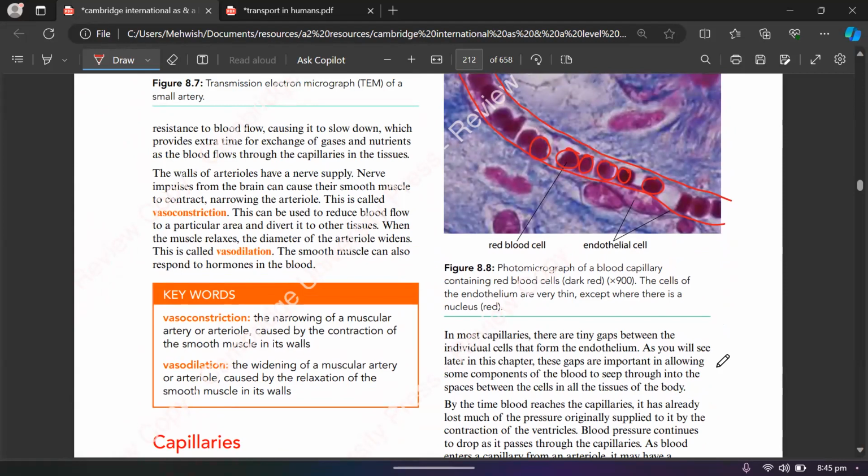Okay, so there are some arteries and veins that have the ability to constrict and to dilate. The maximum of this property is present in arteries, right? The walls of the arterioles have a nerve supply, and these nerve supplies coming from the brain help them to contract, meaning become narrow, or become wider according to the situation. For example, during homeostasis of thermal regulation, or homeostasis of the temperature in the body, core body temperature I'm talking about.